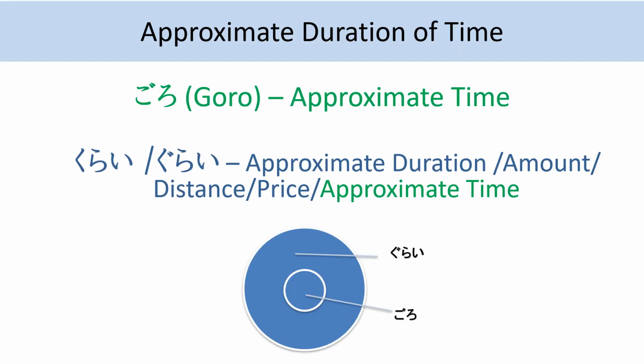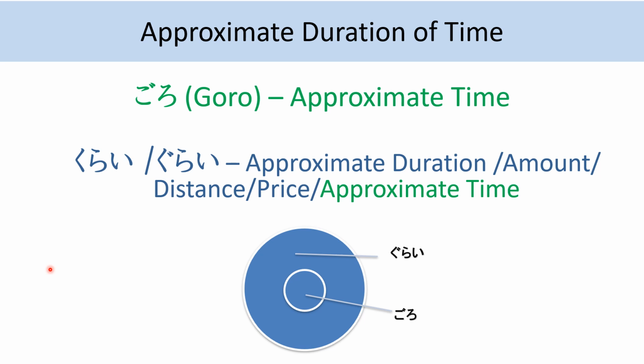To express an approximate duration of time, we use a different word, くらい or ぐらい, instead of ごろ. Goro is used only for approximate points in time, while kurai is more versatile. It can be used for approximate duration of time, amounts, distances, and prices.